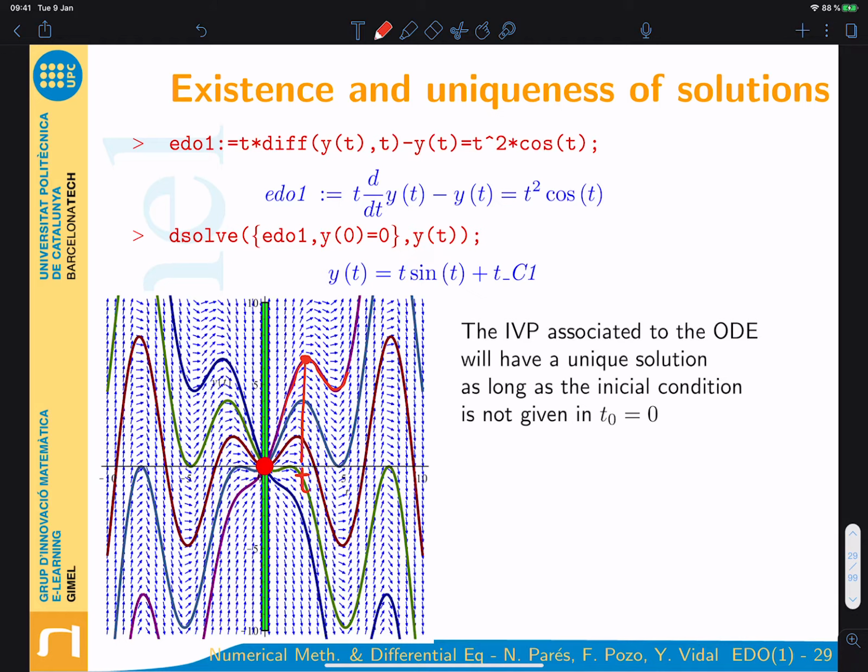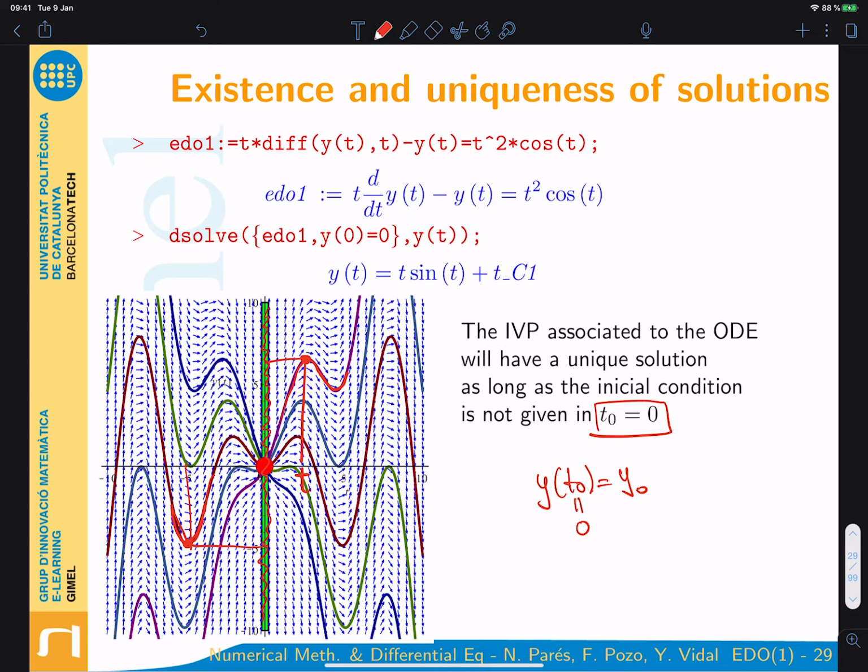You can choose any point in the vector field here to impose the initial condition of the problem, and you will have a unique solution, but not when t0 is equal to 0. Any initial condition of the initial value problem where t0 is equal to 0, all the points lying on this line here, will lead to an initial value problem which does not have a unique solution.